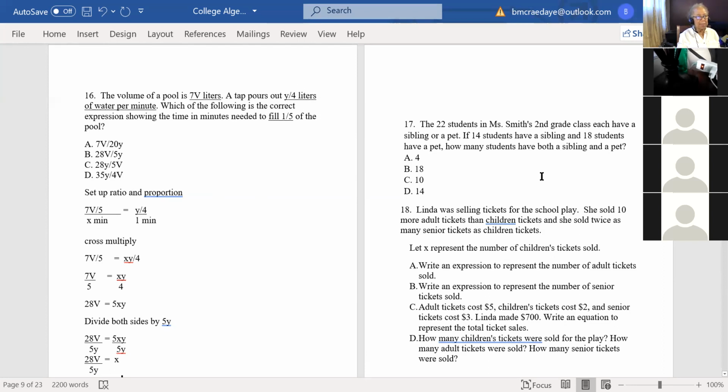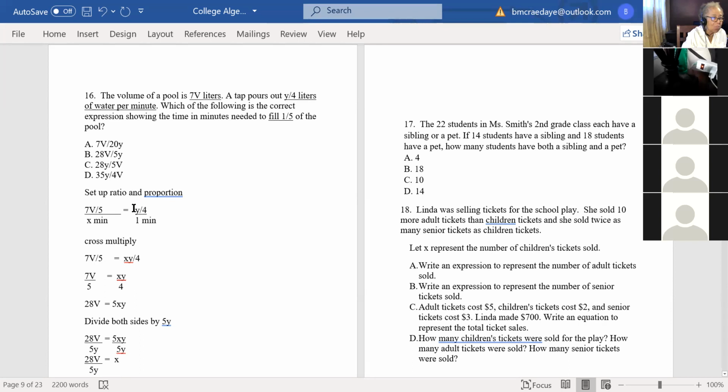Questions on number 16? That one was tricky, because that's why I underlined up here, Latoya, that the volume of your pool is 7v liters. Your tap is pouring out y over 4 liters of water per minute. You're trying to find the time in minutes to fill 1/5 of this pool. So that's why you have 7v over 5. How many minutes will it take?